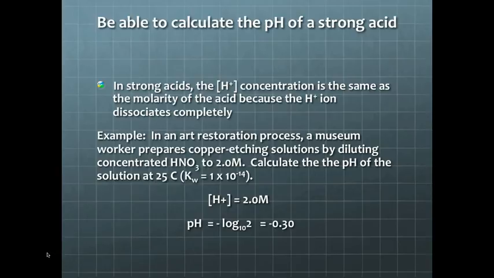Calculate the pH of the solution at 25 C. The hydrogen ion concentration is the same as the concentration of the acid that was diluted. So therefore, the pH is a negative log to the base 10 of 2, or a negative 0.3.